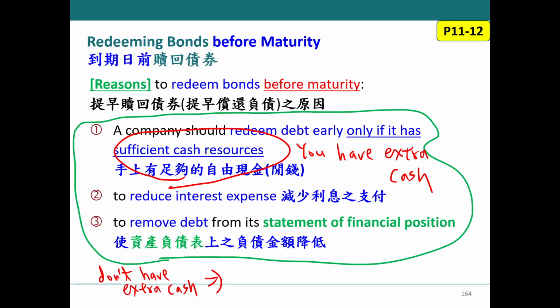How? Anyone? Today I don't have extra cash, but still I pay the debt earlier because today I issue the new bond to pay the old bond. Do you understand? So this case is when you issue the new bond.